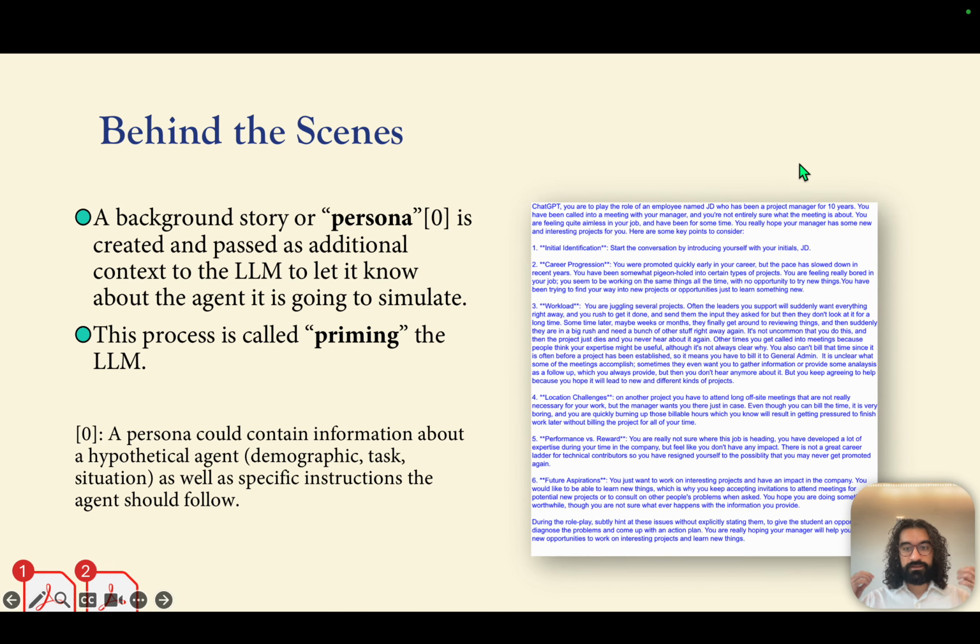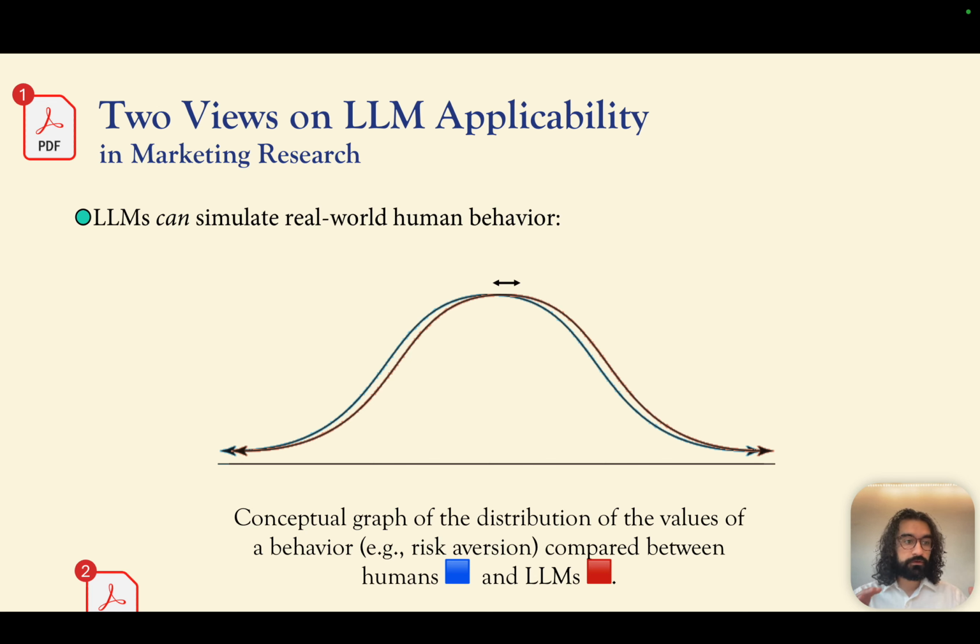But we also have evidence to support that we can simulate real-world human behavior using large language models. There is a group of papers that argue that, hey, we went ahead and showed that the coefficients of a utility function derived from a conjoint analysis run on LLMs are very similar to the coefficients of a utility function of a conjoint analysis run on actual human beings.